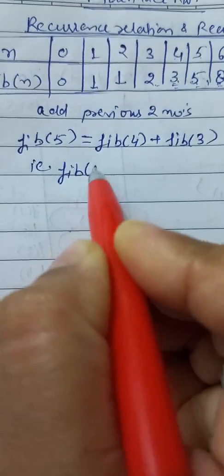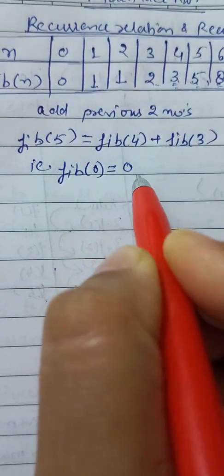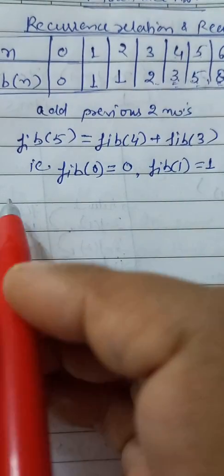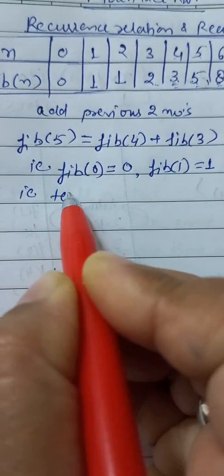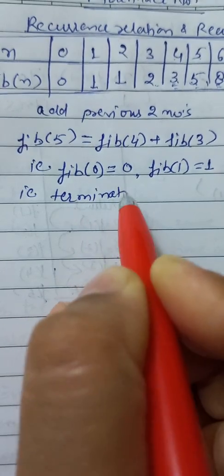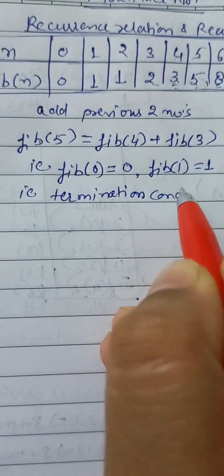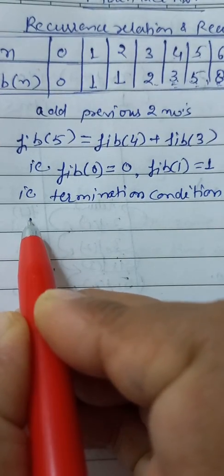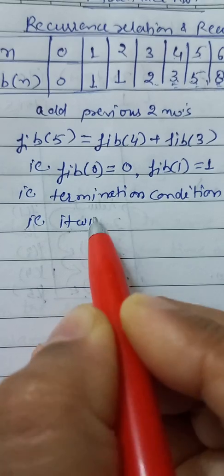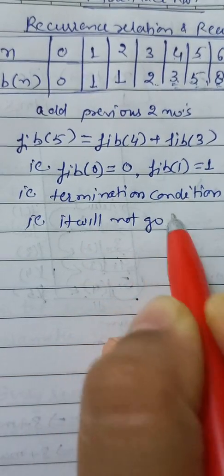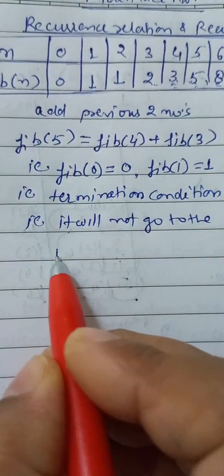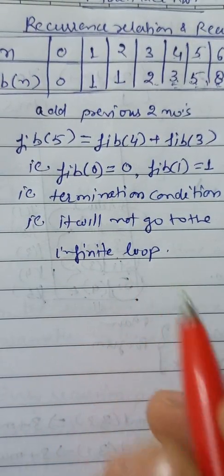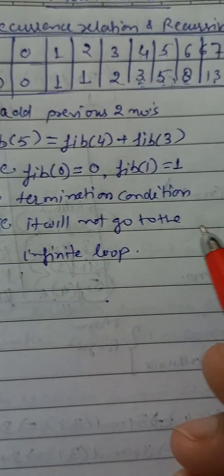So Fibonacci 0 value will be 0 and Fibonacci 1 value will be 1, or we can say we need to give the termination condition so that it will not go into an infinite loop. That's why the termination condition is required.